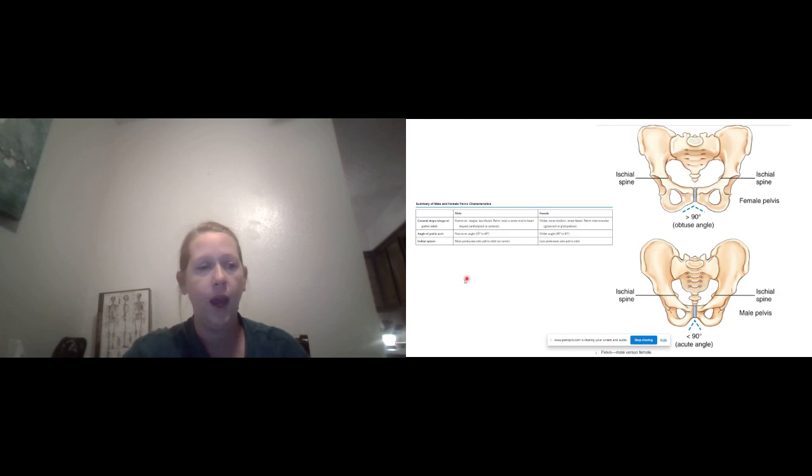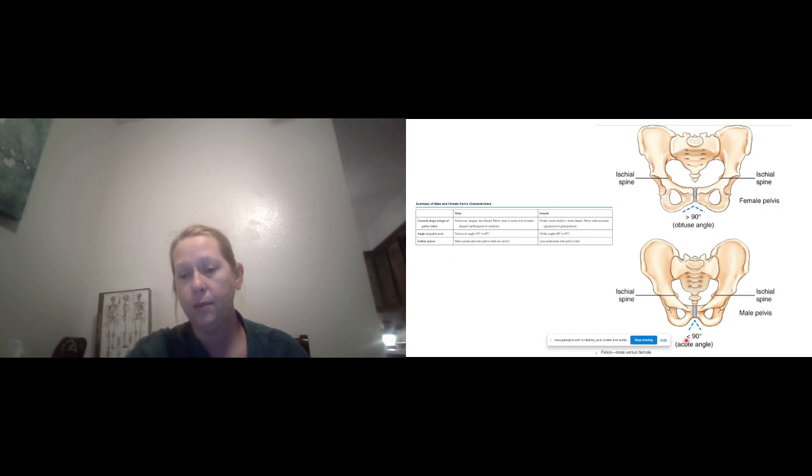And here's the summary of the differences between the male and the female pelvis. So for a female pelvis, here's your pubic symphysis. And between your pubic symphysis and the ischial tuberosities, or the ischiums, you have an obtuse angle, which is greater than 90 degrees.